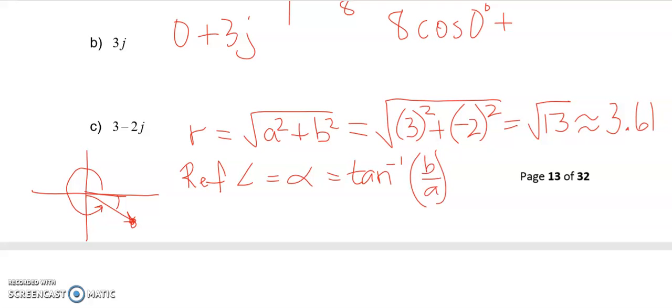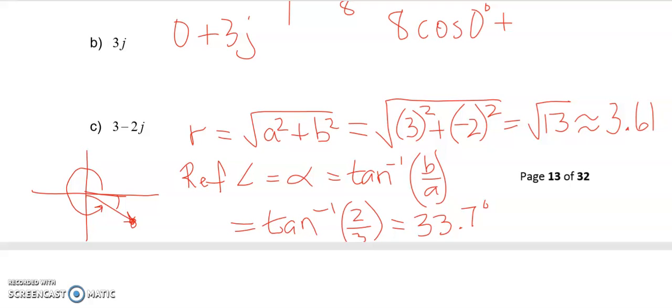In our case, b over a is actually going to be -2/3, but drop the negative. Just go +2/3, because you want that reference angle to be between 0 and 90. So if you type this into your calculator, you're going to get approximately 33.7 degrees.